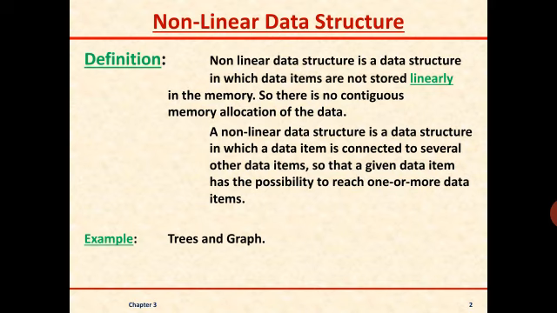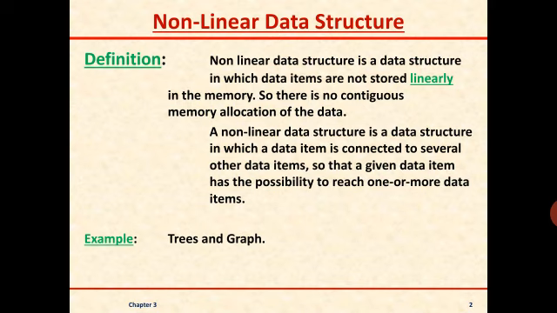A non-linear data structure is defined as a data structure in which a data item is connected to several other data items, so that a data item has the possibility to reach one or more data items. Examples of non-linear data structures are trees as well as graphs.